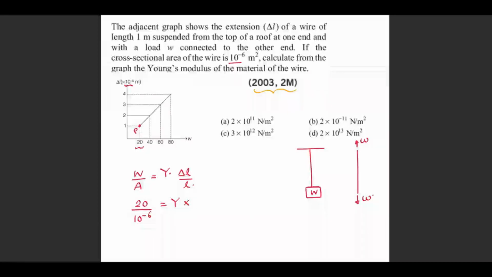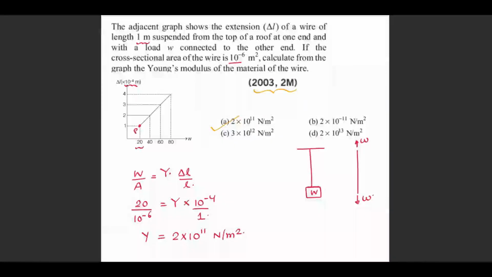Delta L is 1 into 10 to the power minus 4 for that point, and natural length is 1 meter. So if I rearrange, this will give me 2 into 10 to the power 11 Newton per meter square. Hence, if I look at the options, option A is the correct option, right?